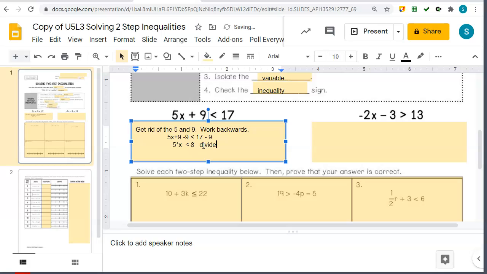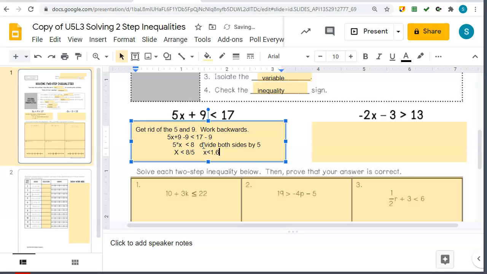So we're going to divide both sides by 5. And we get x is less than 8 divided by 5. And that is 1.6. So x is less than 1.6.